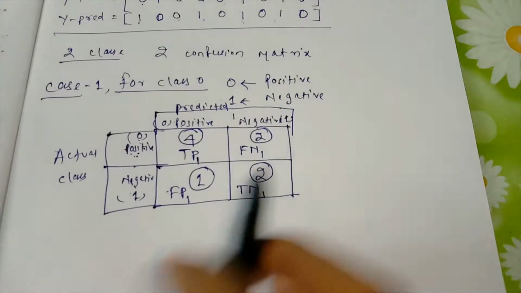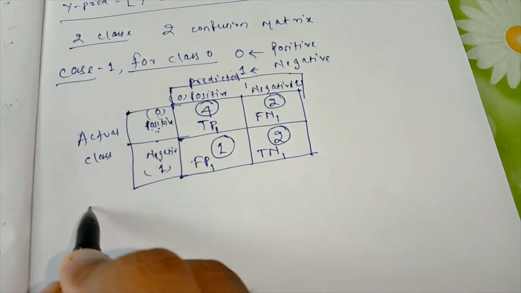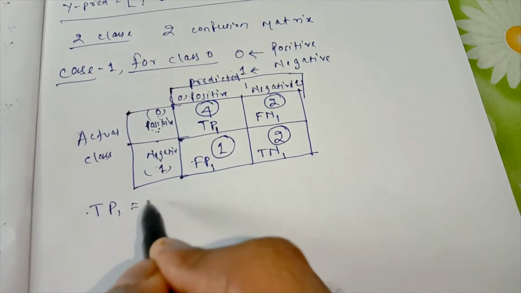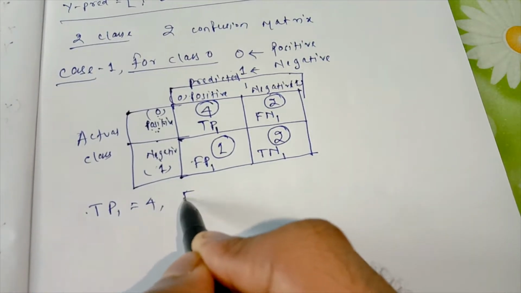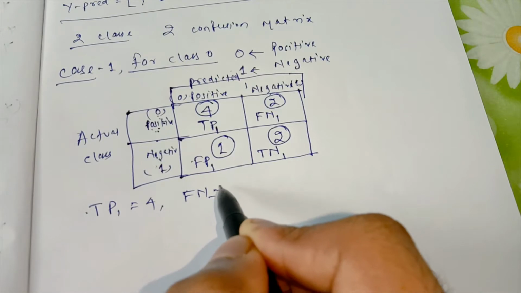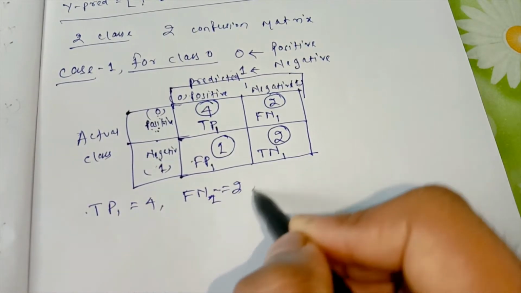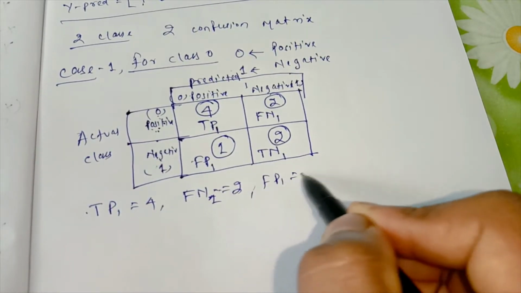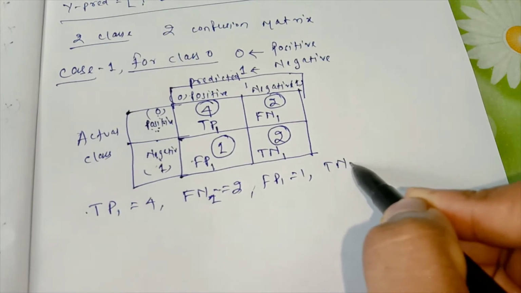So we got TP1 equal to 4, FN1 equal to 2, FP1 equal to 1, TN1 equal to 2. So we got these values.